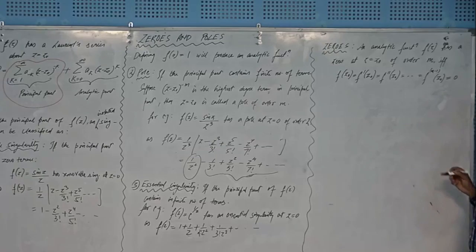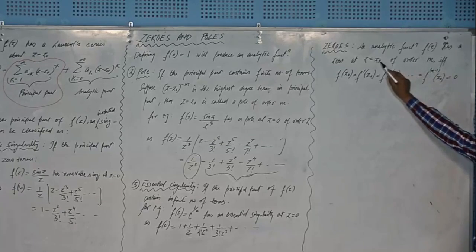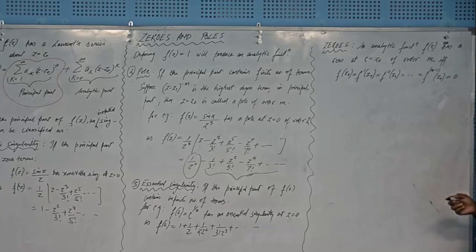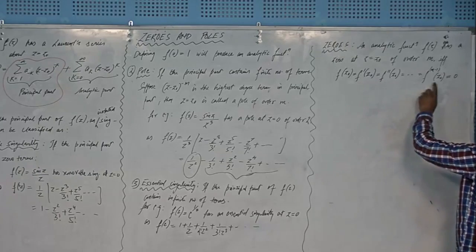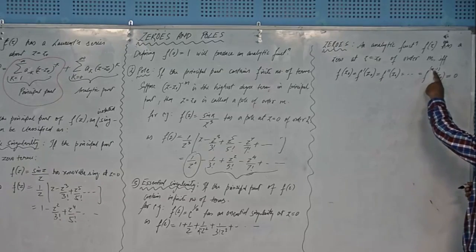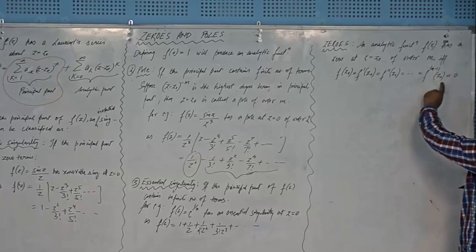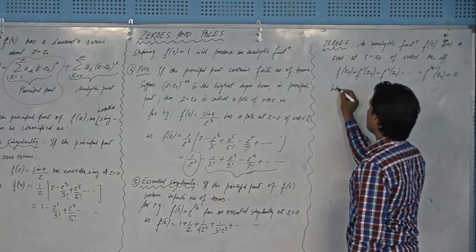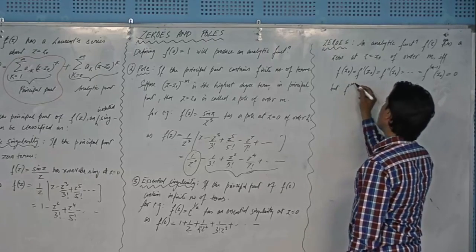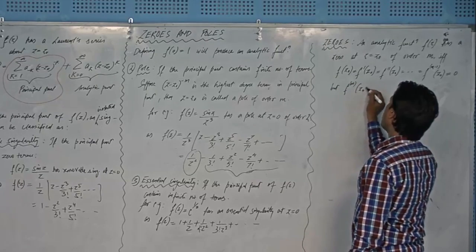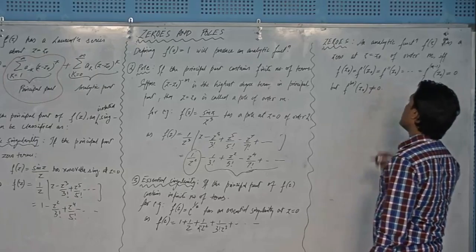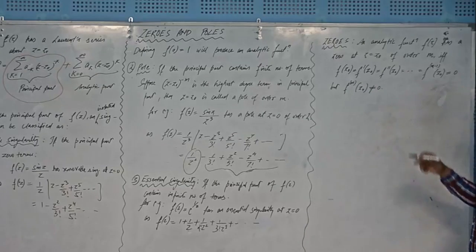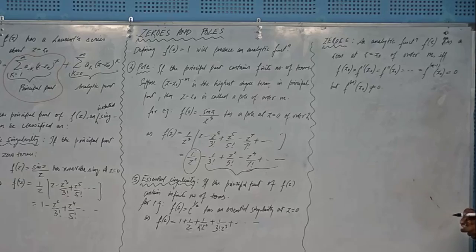It means you say that the function has a zero at z equal to z naught of order m if all of its derivatives up to the (m minus 1)th order, one less than this number, all vanish at the point z equal to z naught, but the last derivative of mth order is not equal to 0, right?